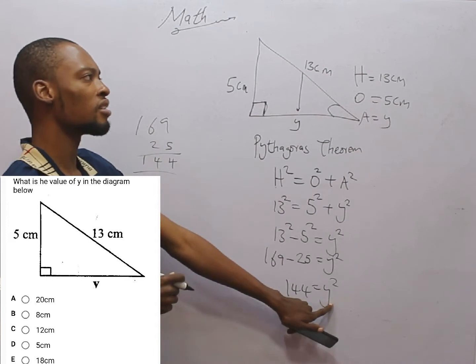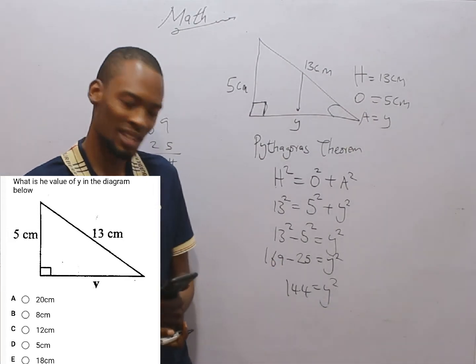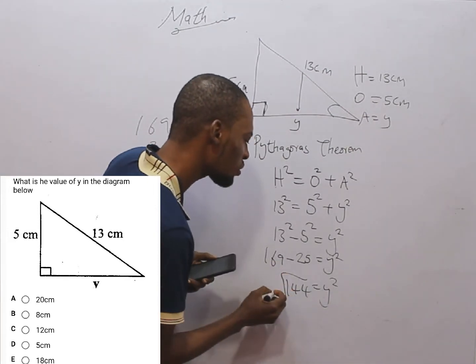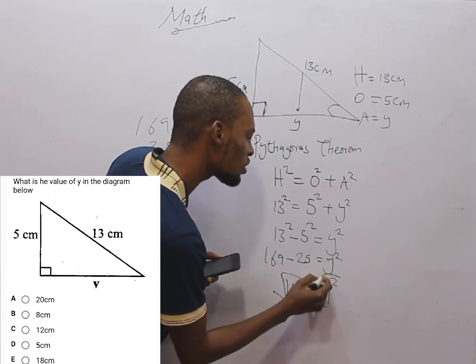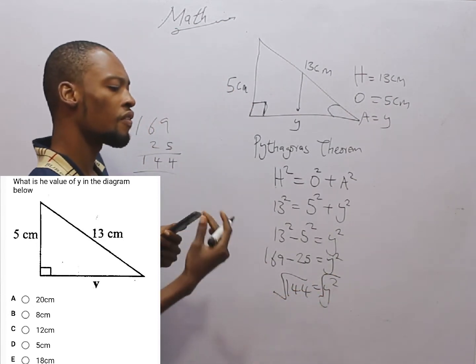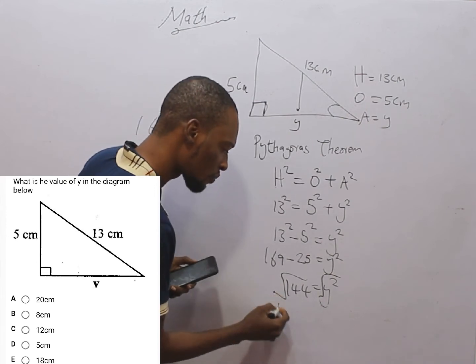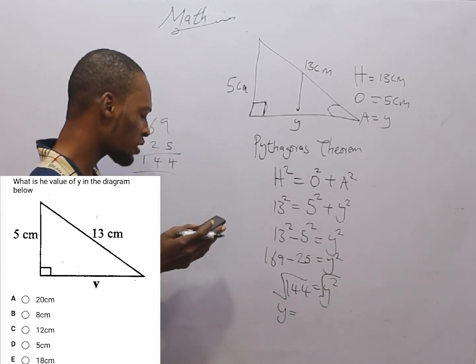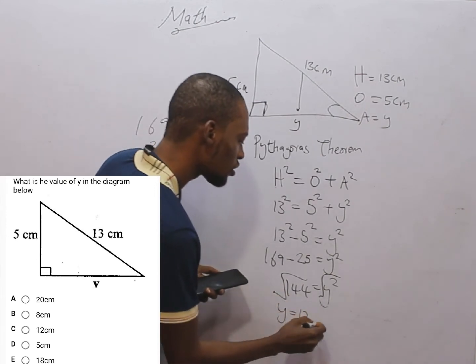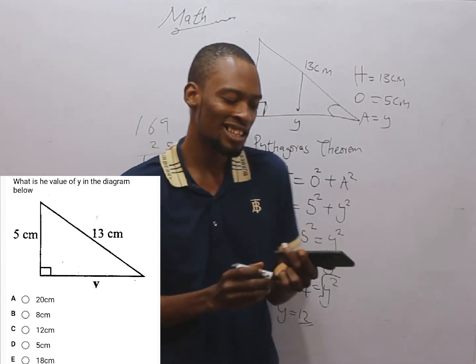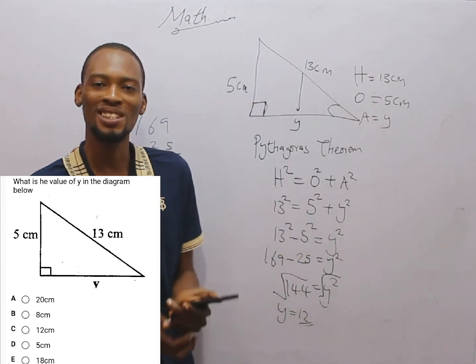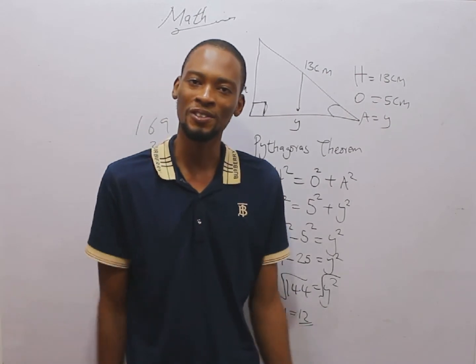To remove the square, we find the square root of both sides. So the square root of 144 equals the square root of Y squared. The square root of Y squared is Y, and the square root of 144 is 12. 12 times 12 is 144. So option C is the correct option.